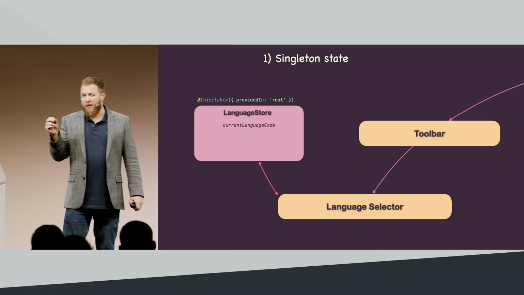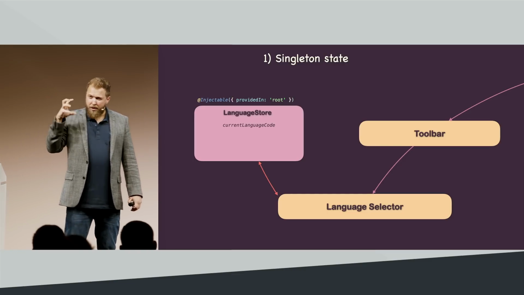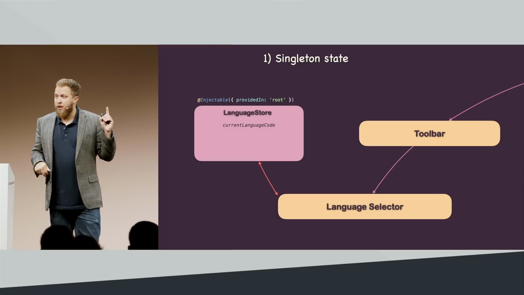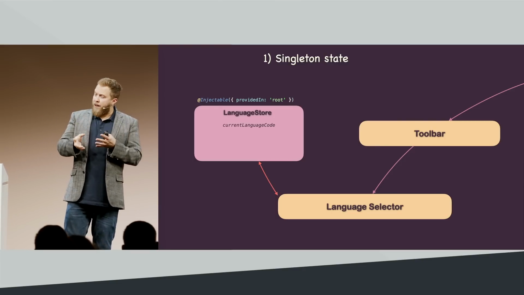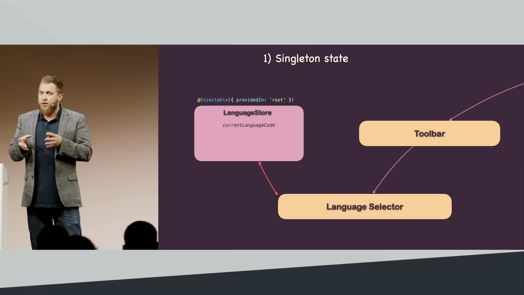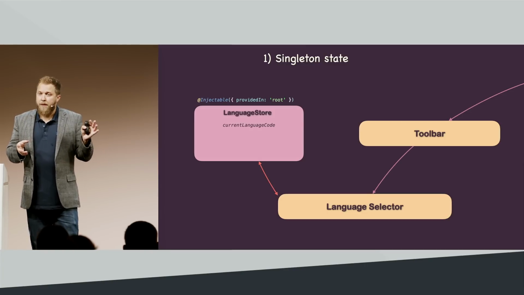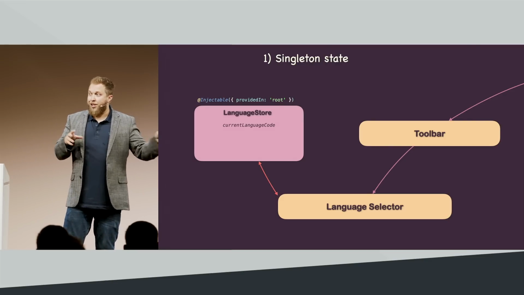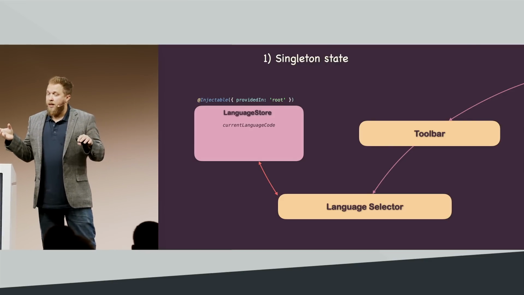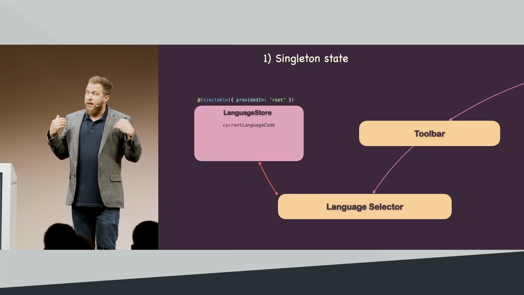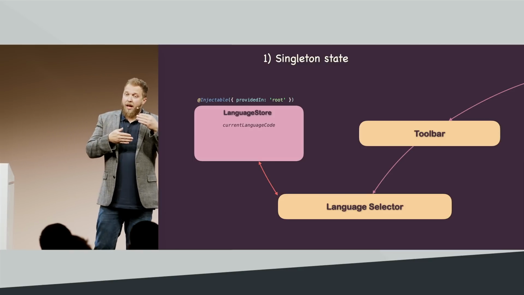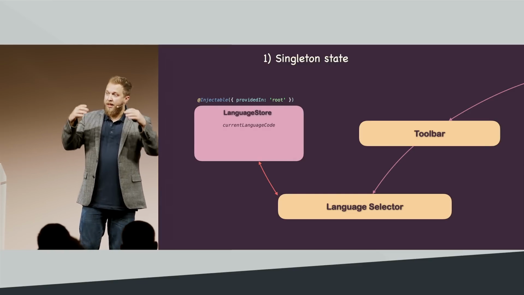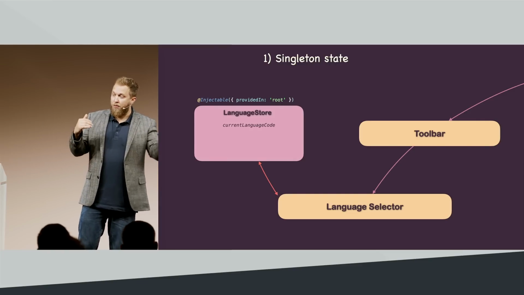And that's the key with the component stores. You want to have the focus, especially if you use the provided in root. Now, I'm not a big fan of Singleton State, to be honest, for component stores, because I feel global store can do shared global things a lot better. And in fact, in my apps, I use both, and depending on which app, is it more of a global, more shared state, then I'll have more of it in the global store.